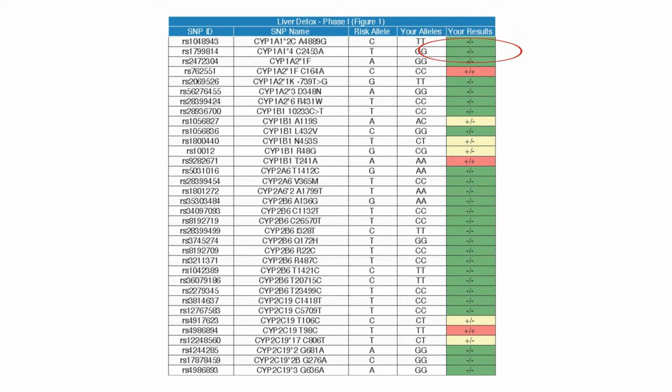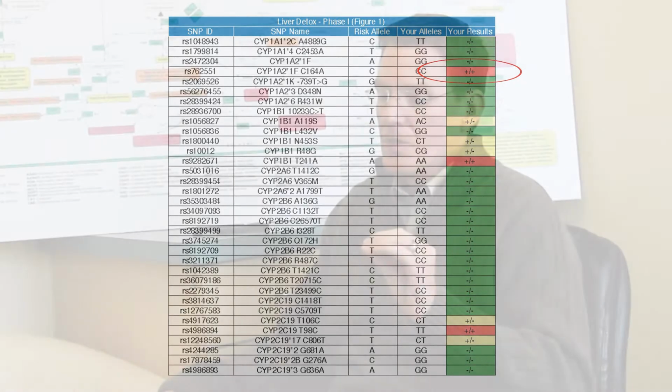A negative negative means wild type. That's the ideal. A positive negative is heterozygous, and that means that you inherited one copy from mom or dad. 2 positives, or positive positive, equals homozygous, and that means you inherited an abnormal single nucleotide polymorphism from mom and dad. So in 42 pages of SNPs, you're going to have hundreds and hundreds of SNPs, and I'm not going to discuss all of them, because some of them, quite frankly, just don't matter to me.